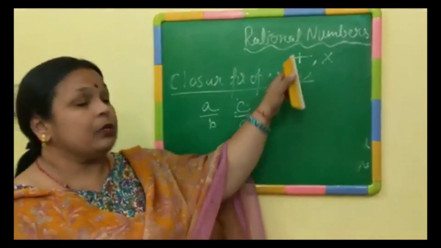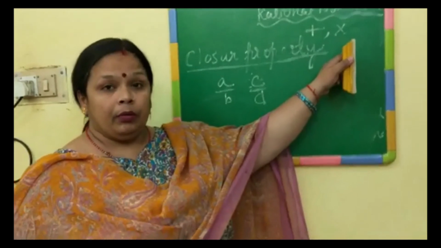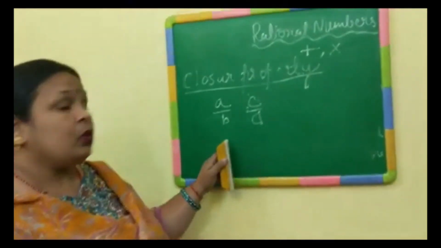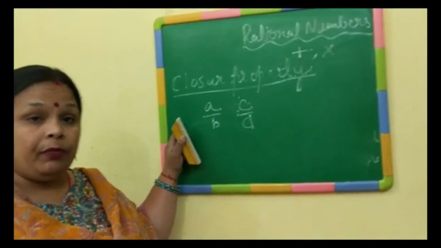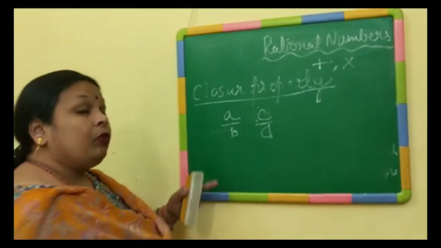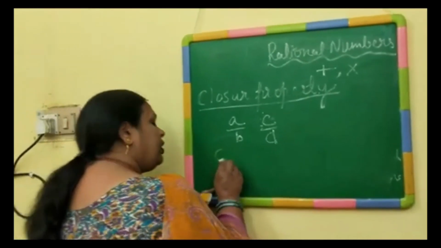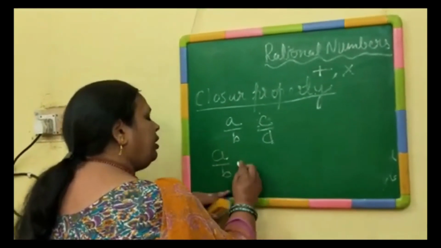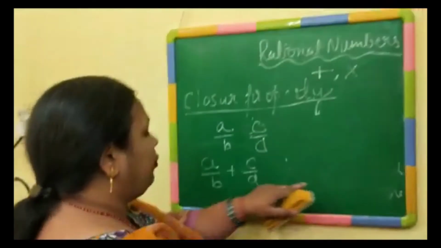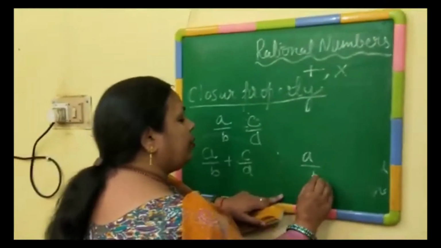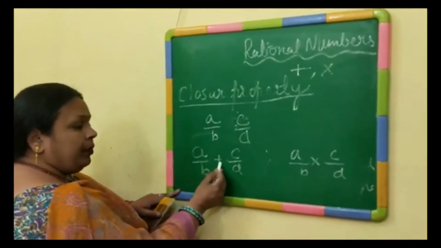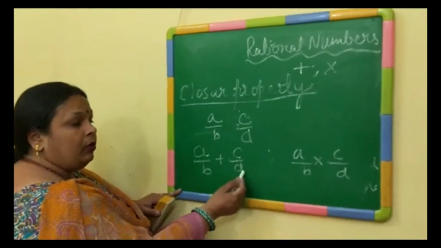We are going to discuss the closure property under addition and multiplication. Addition means A by B plus C by D, and for multiplication it is A by B into C by D. Now how are you going to solve this?